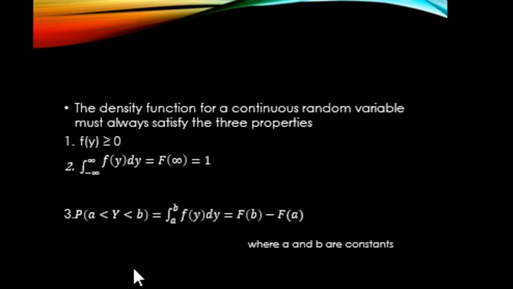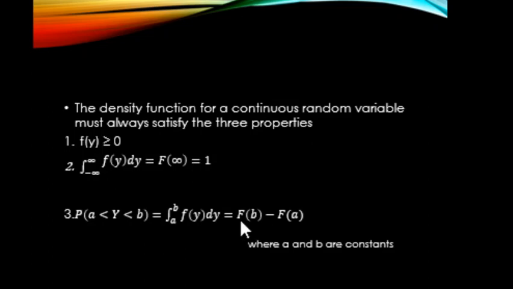For finding the probability between two values a and b, like I said, for any specific value, the probability is always 0. So we need two endpoints. So let's say the endpoints are a and b. Then we can integrate this function f of y with respect to dy with the limits a and b. So that's one way to find it.